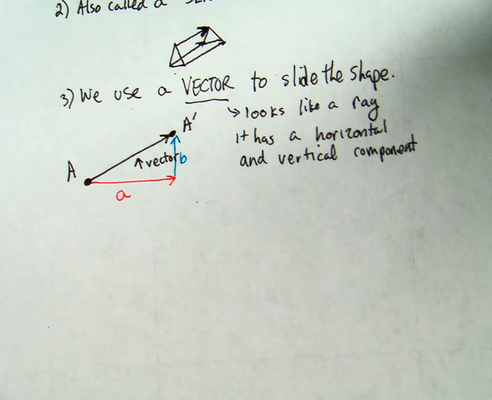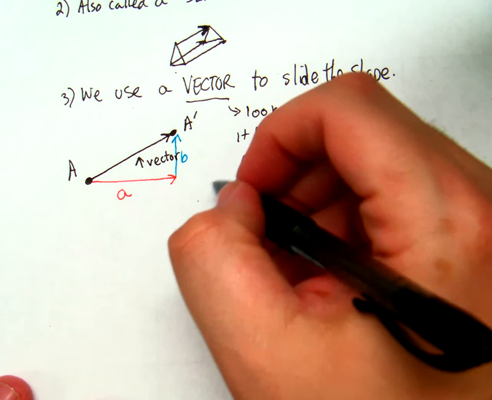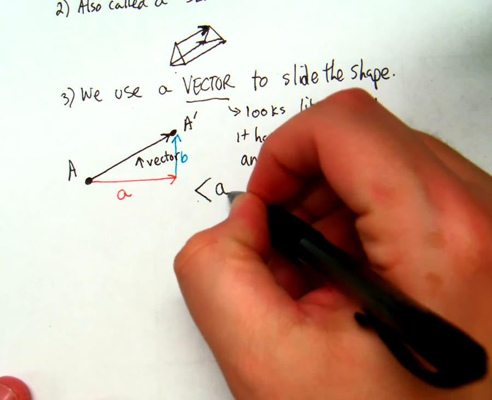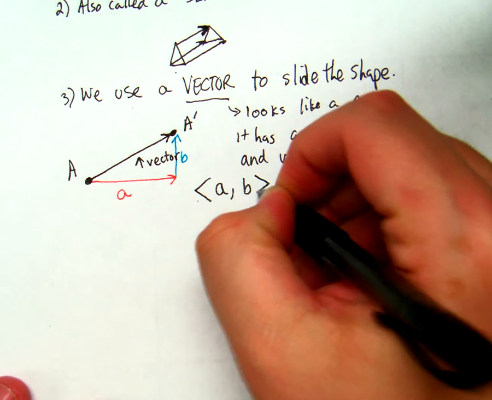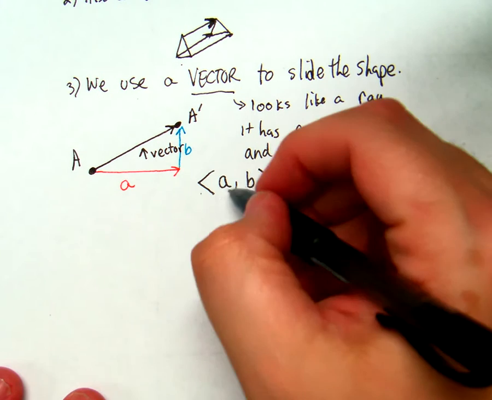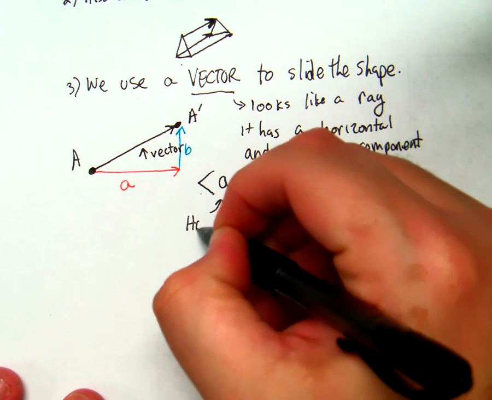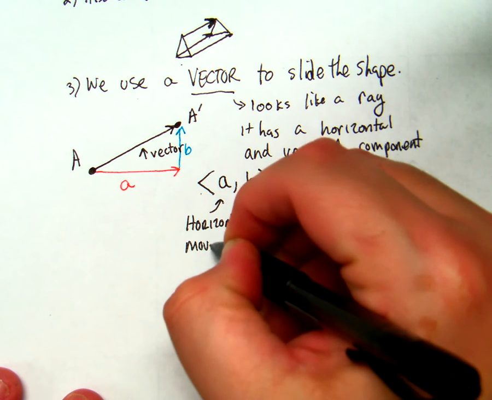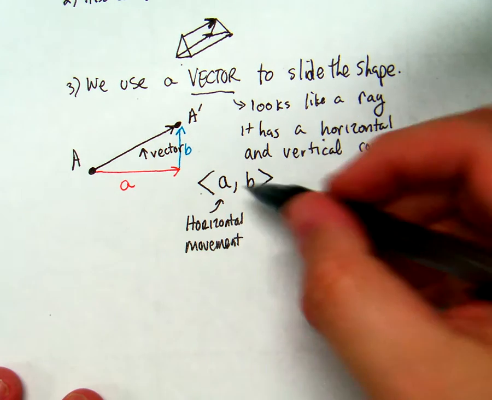Now, the vector is written like this. A represents your horizontal movement.